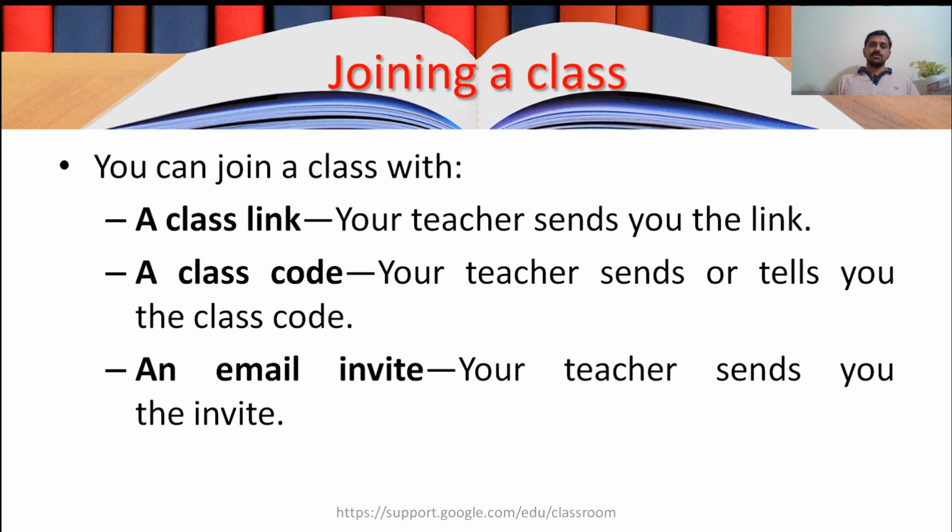He or she can share the link, code or email invite on your WhatsApp, email or SMS. So you just need to click on that link for joining the class once you have successfully installed the application on your mobile phone or logged into the classroom using a mobile phone or a computer.